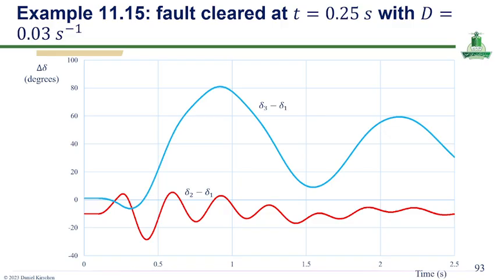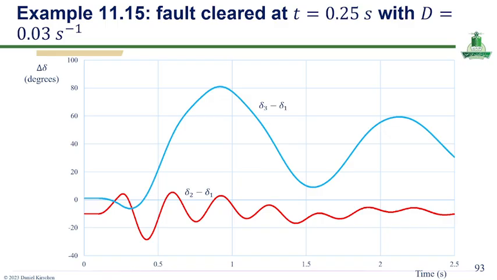Compared with the undamped case, the oscillation decreases with time, indicating that the damping torque effectively absorbs oscillatory energy from the system. So the response of generator 2 exhibits rapidly decaying oscillations, while generator 3 shows larger swings that also reduce gradually in amplitude.